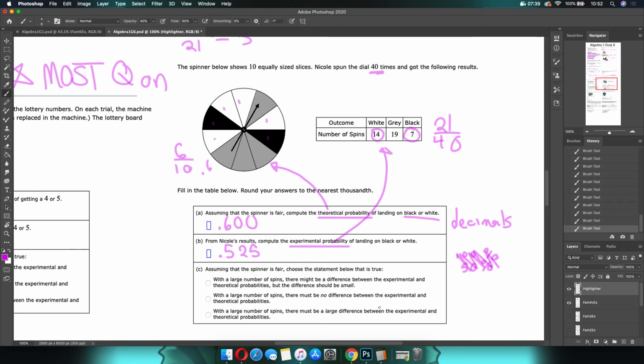The result of that was, when it's said and done, that when you have a large number of spins, like here, when you had 40 spins, you start to realize that it's getting a little bit closer. If there were 1,000 spins, it would be something like 5.89. If you had 10,000 spins, it might be 6.01. What's happening is that it's getting closer, which means it should be small. So what you're looking for is more trials and then closer numbers, some variation of what that's going to say.